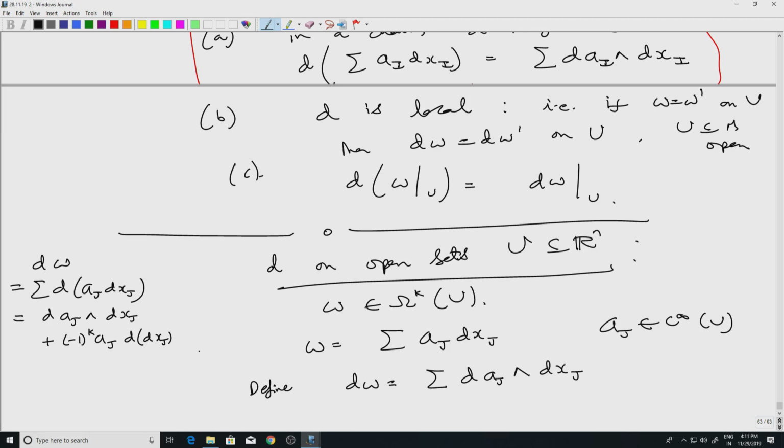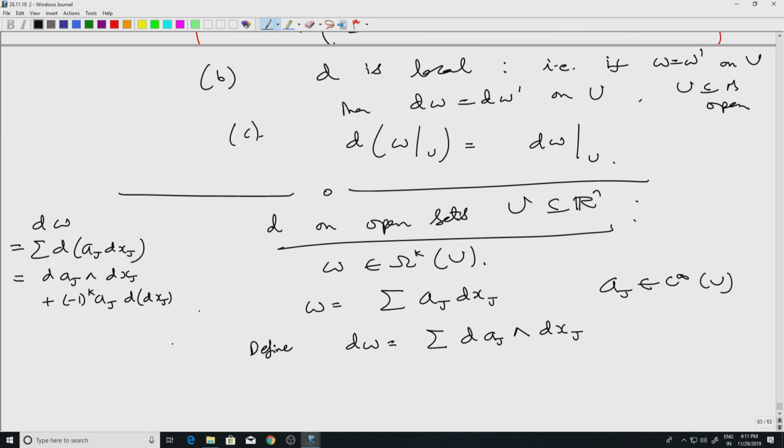Right, and well, what we mean by dxj is dxj1 wedge up to dxjk. This was dxj. So if I take d of this, I will be taking d of this right hand side, and I will be using the Leibniz rule many times.